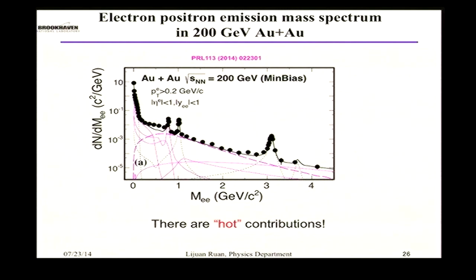If we compare our data to the solid curve, you find the data is above the curve in this mass regime. Those represent the contributions from the hot and dense medium. From now on, I will just call it the hot contribution. This is the first big step: you first identify the hot contribution, and then you start to study it.